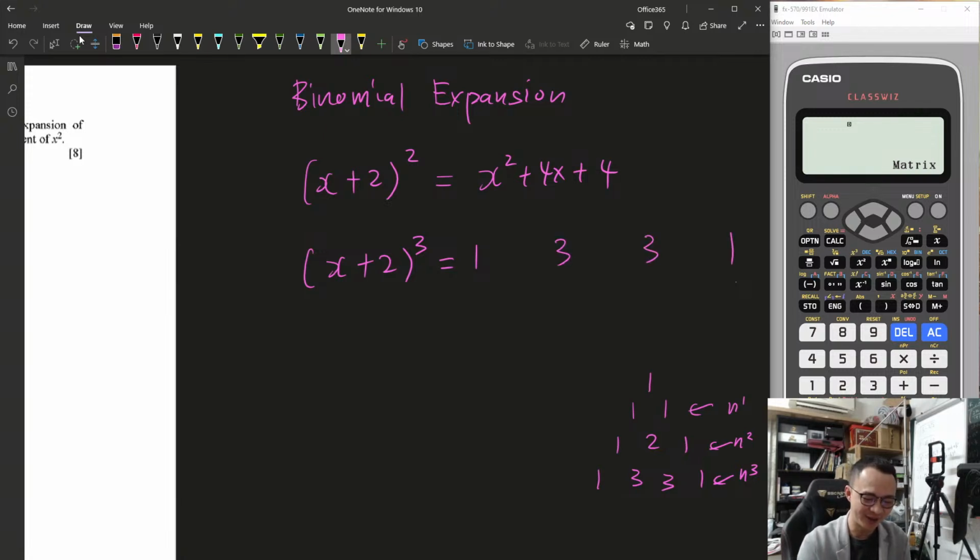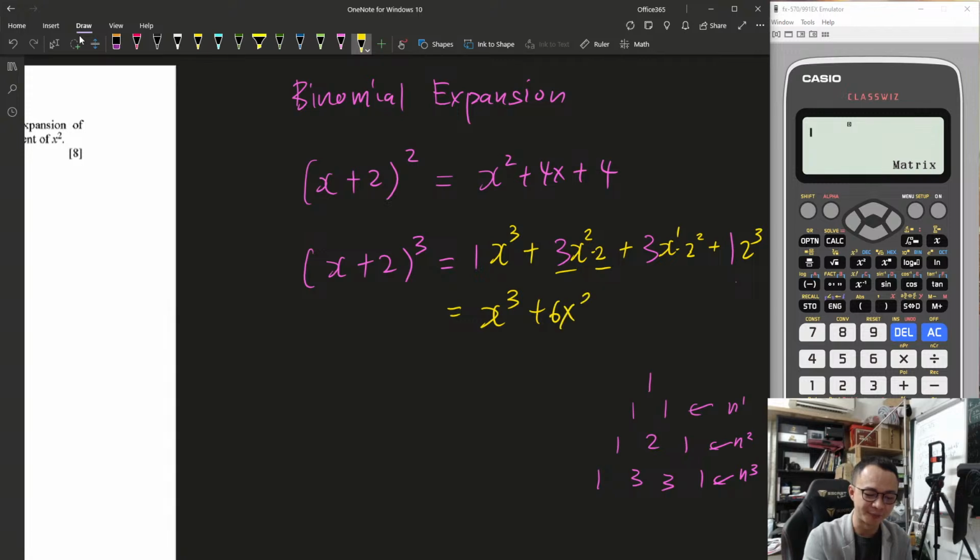How to use it is, the first term will be just x to the power of 3, and then plus, the next one will be x squared, and then 2 to the power of 1, and then plus this one will be x to the power of 1 multiplied by 2 squared, plus 2 to the power of 3. So if I expand it, 2 times 3, I get 6x squared.